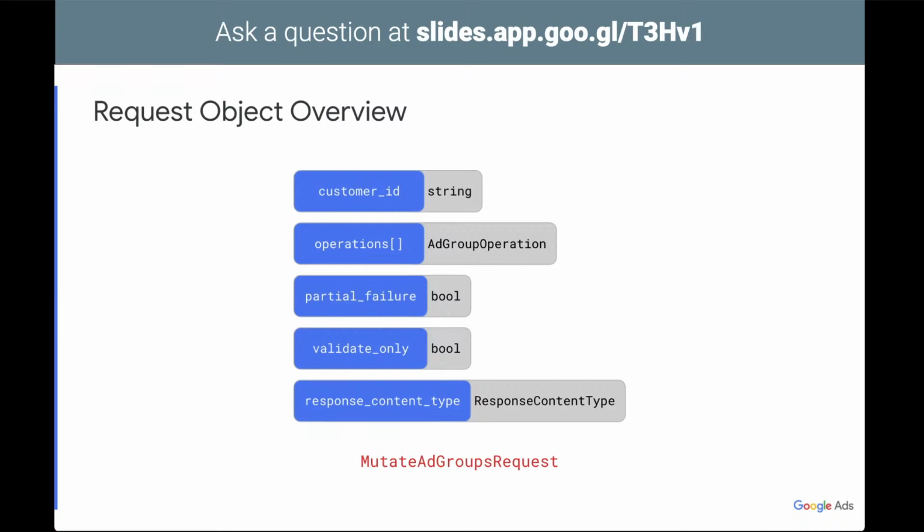We're concerned with partial failure in this webinar, but for completion's sake, validate only will allow you to test a request without modifying any of your Google Ads resources, and the response content type will tell the API what sort of information you'd like returned. The default is just the resource name of the changed object.